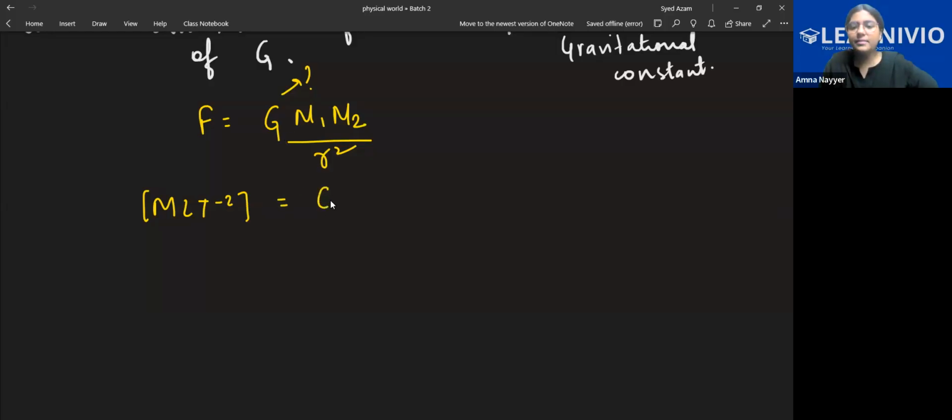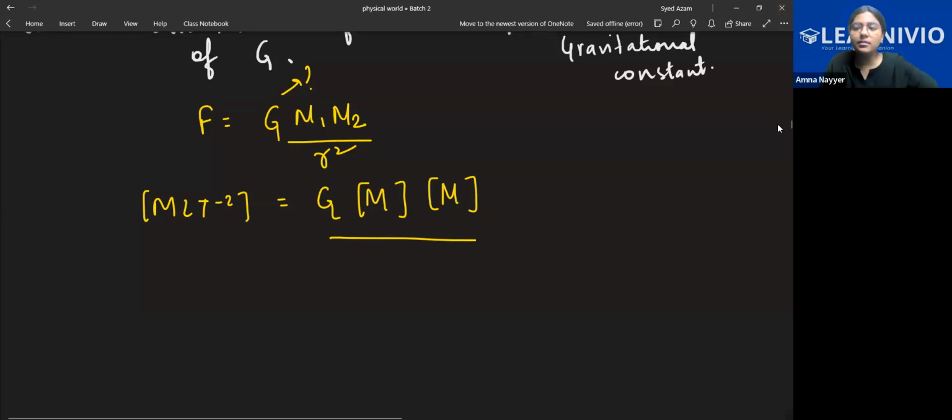Now G is missing. Let's put G as it is. M1 mass is M only. Second mass is M only. What should I write for R square? That's what we are finding. No, we are finding G, capital G. It's a constant.